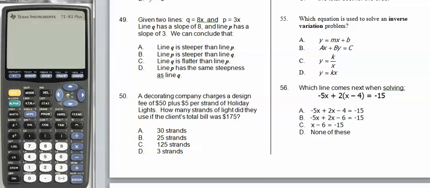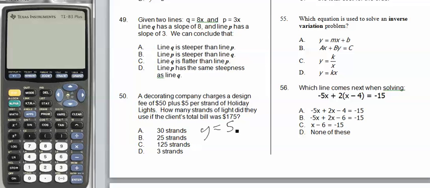Alright, a decorating company charges a design fee of $50 plus $5 per strand of holiday lights. How many strands of holiday lights did they use if the client's bill was $175? Well, okay, so we know that Y is equal to, we have $5 that happens every time we get a strand of lights.